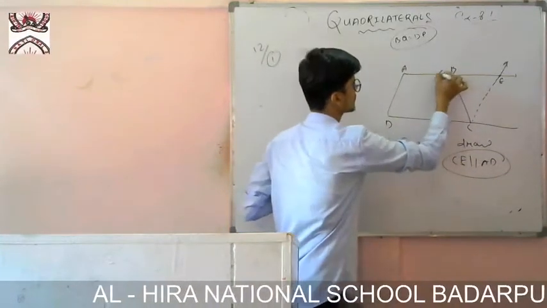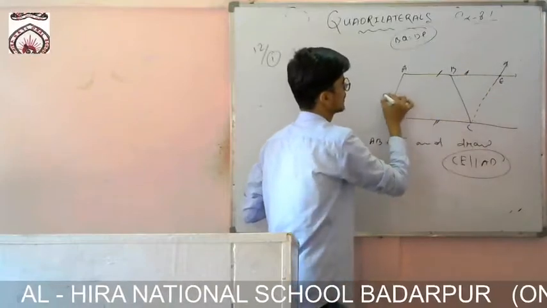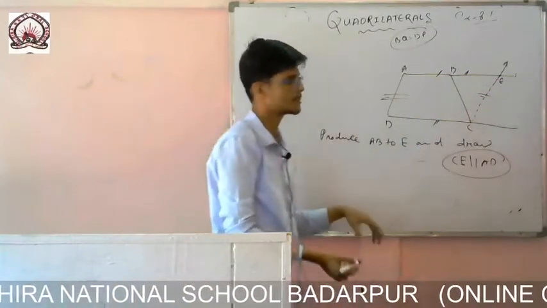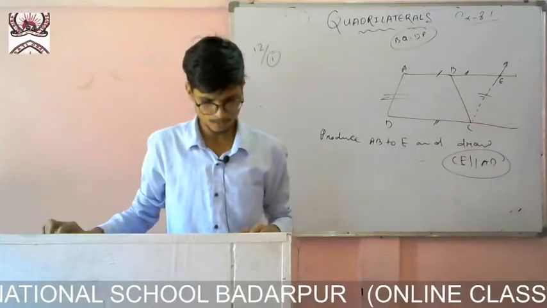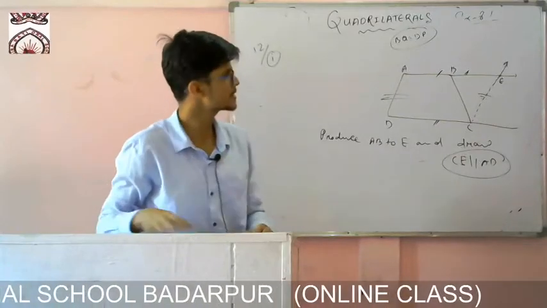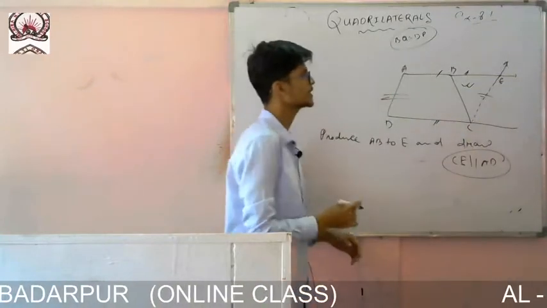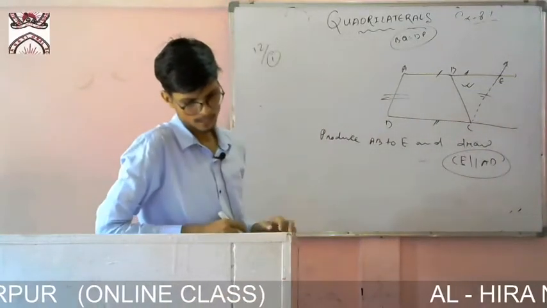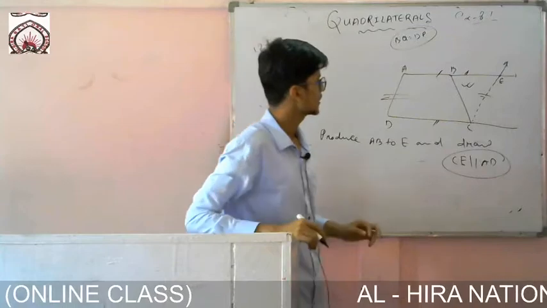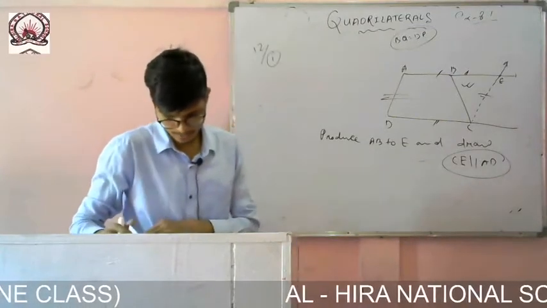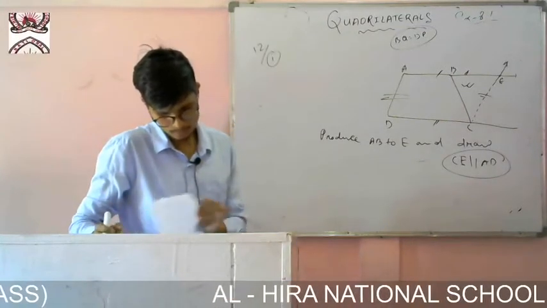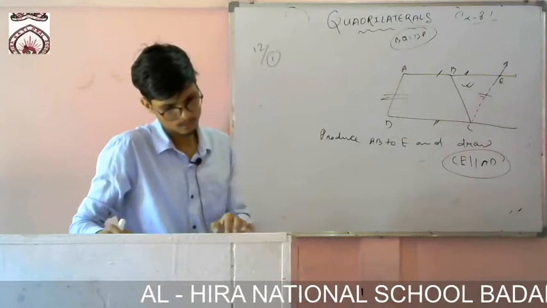So this line is parallel to this line, and this one is parallel to this one. That means it is a parallelogram. Now what is given, BCE is a small triangle, and in triangle BCE, I can write that BC equals to CE. AD is equal to BC, given.